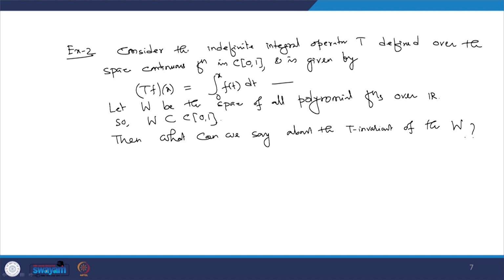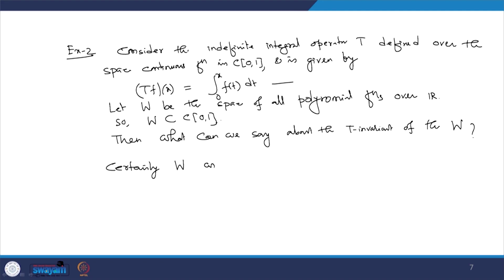I mean, the space of polynomial functions, when you integrate, will it remain again polynomial functions? Certainly, because if I integrate a polynomial function, I will get again a polynomial function over the corresponding field. Therefore, W will be invariant under T.